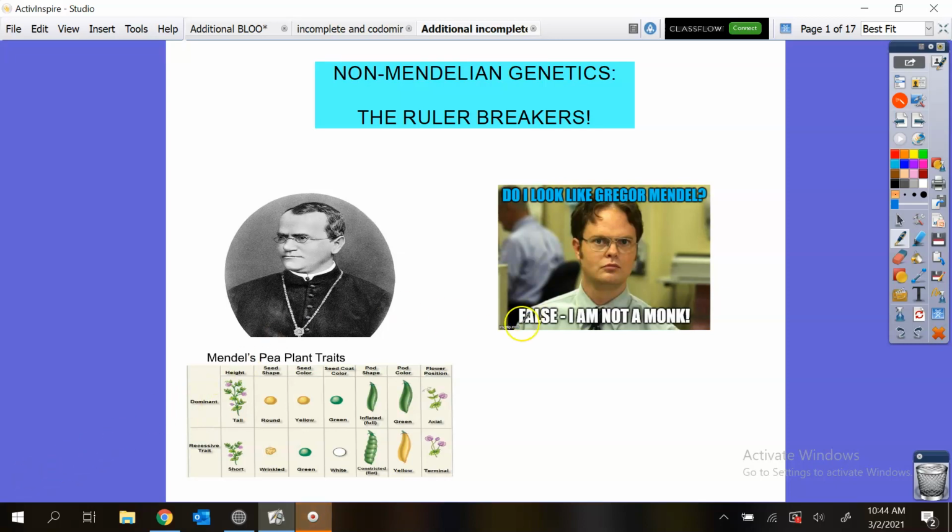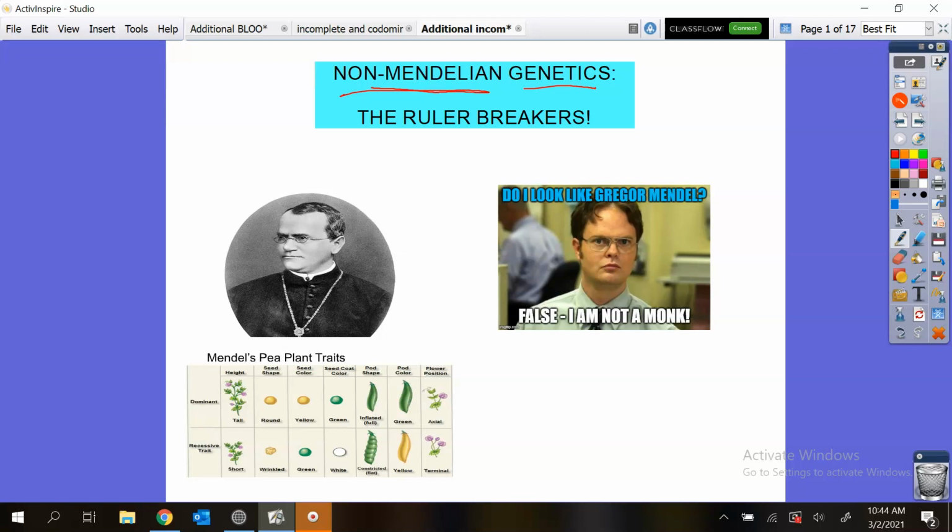All right, guys. So today we're focusing on the rule breakers. This is considered non-Mendelian genetics. If you remember me talking about Gregor Mendel, the father of genetics, he is the one that experimented with pea plants in his garden, right?